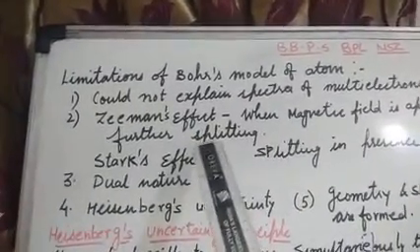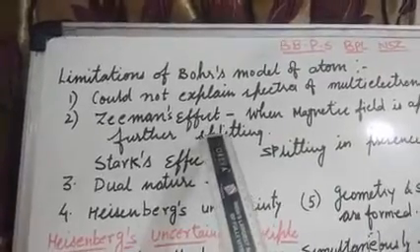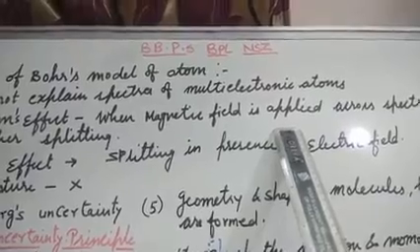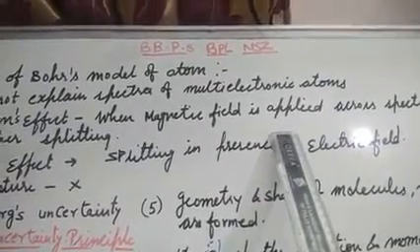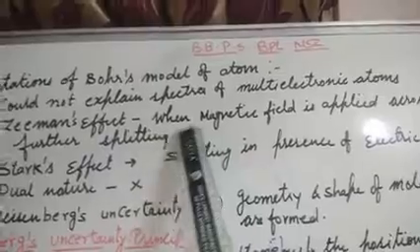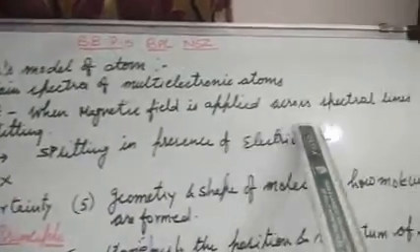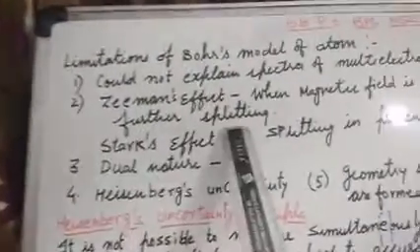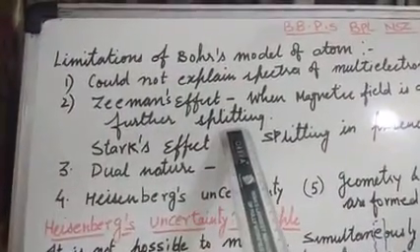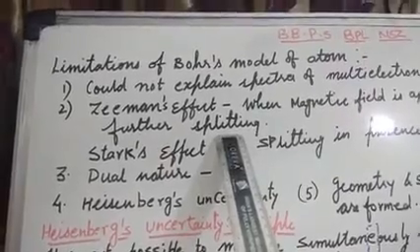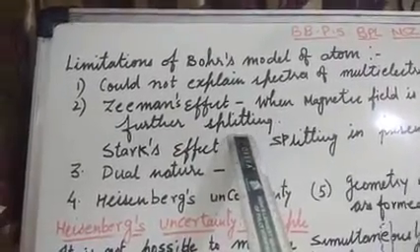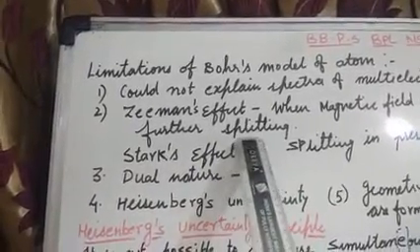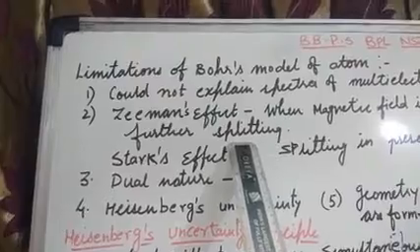So when a magnetic field is applied across those spectral lines, they further split into finer lines. So this effect is called Zeeman's effect. That means splitting of spectral lines in a magnetic field.